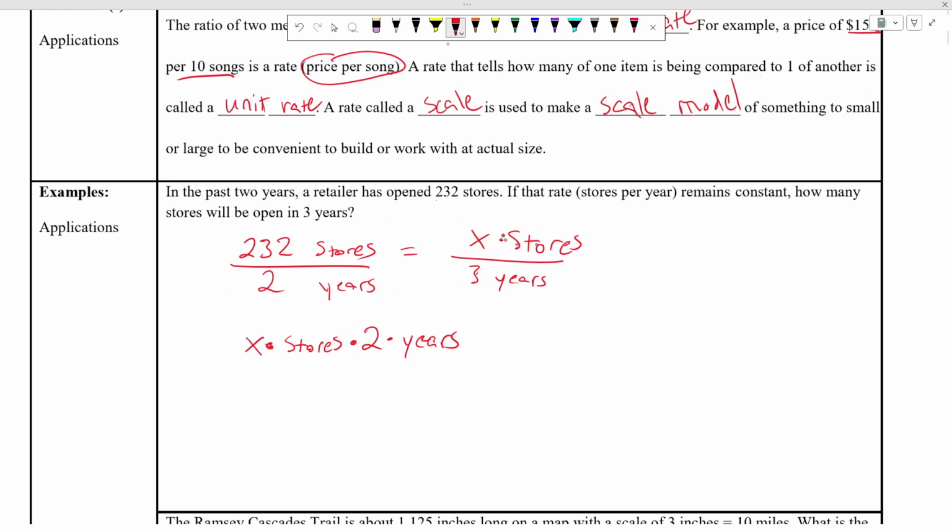These two are being multiplied, these two are being multiplied. There's 4 things in total being multiplied. Same thing here, 2 things here, 2 things here. So when I do the crossing, I should get 4 items being multiplied together. So 232 times stores times 3 times years.